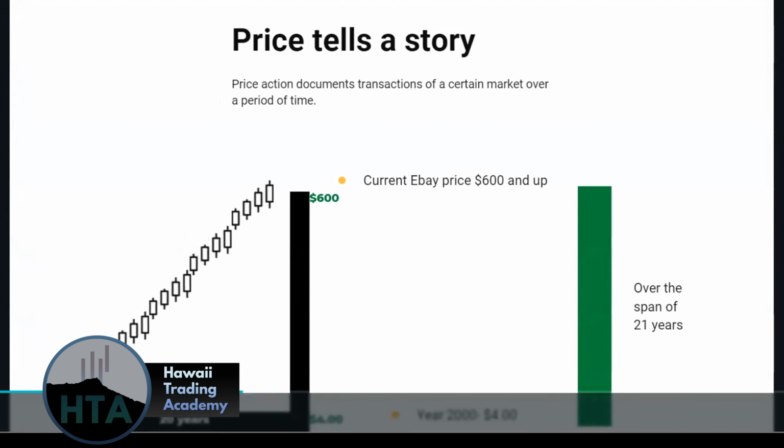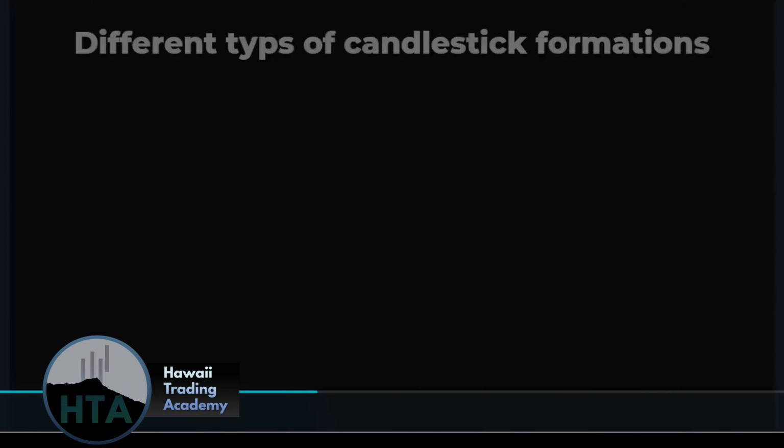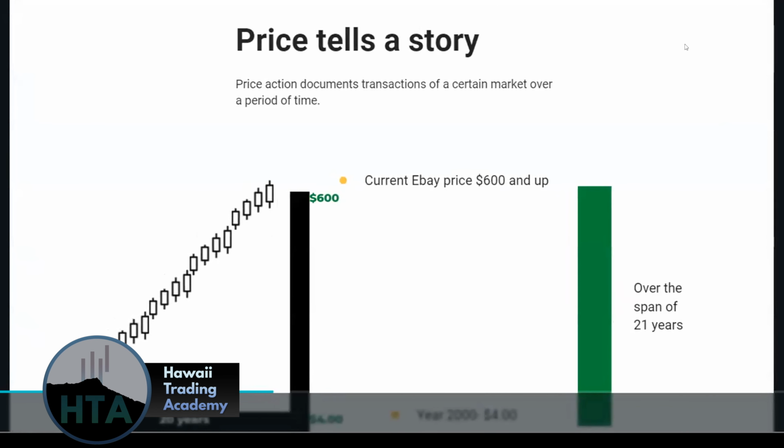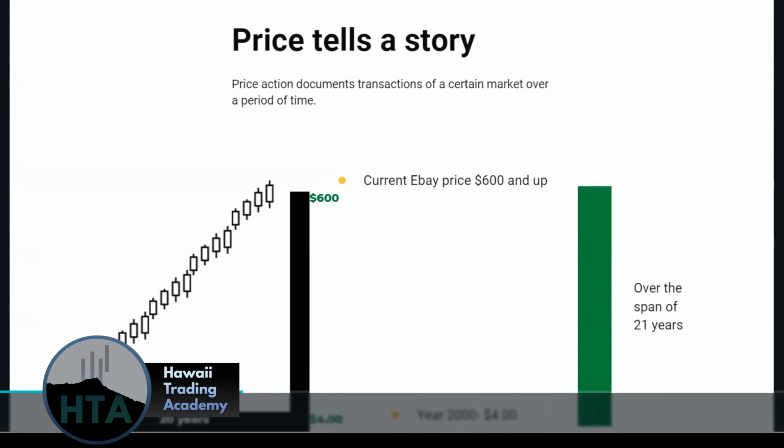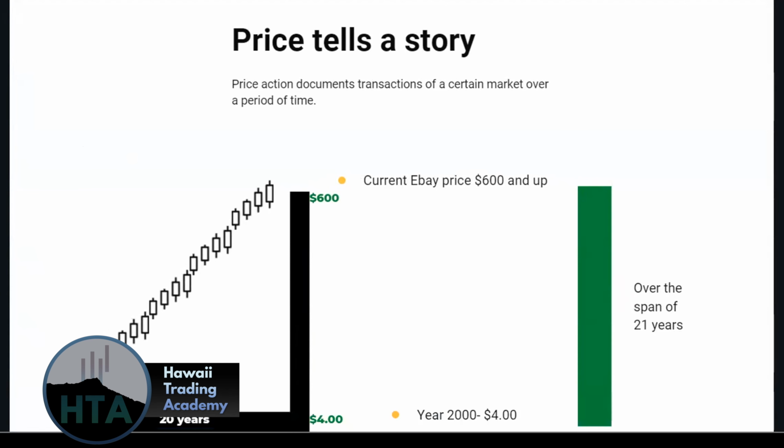So price tells a story, right? So let me go back to Pokemon cards. I showed you that green bar in the beginning, which represented 21 years.